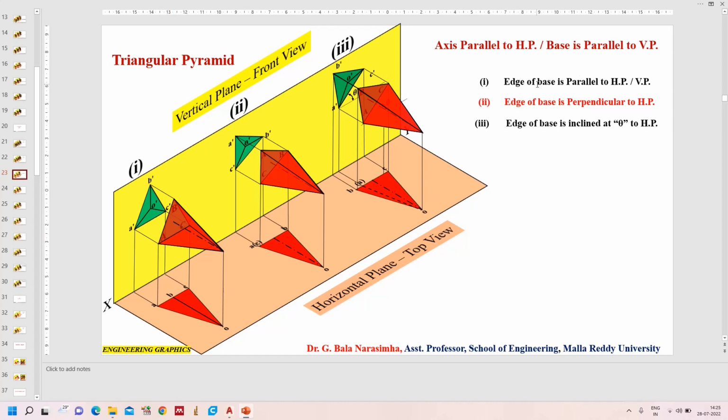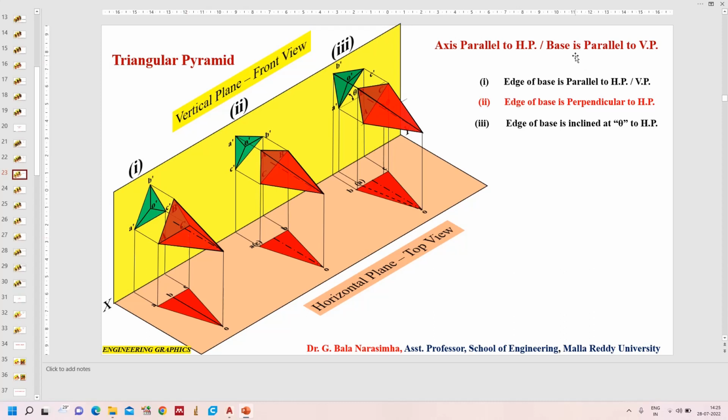As per the first condition, the edge of the base is parallel to HP. The edge AC is parallel to the vertical plane as well as the horizontal plane, and we know that the axis is parallel to HP and perpendicular to the vertical plane.